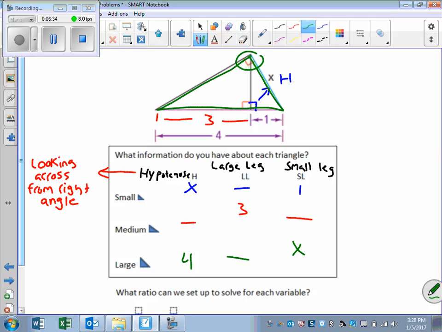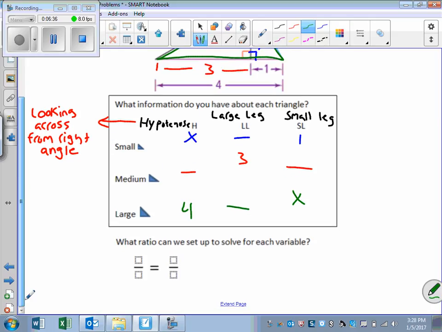Now, the cool thing about this strategy is that we can use it to solve for the missing leg. So the question we have here is, what ratio can we set up to solve for each variable? Whichever one we're trying to find, that's going to be our fraction. When I say that, I mean that the chart actually gives you your fractions.